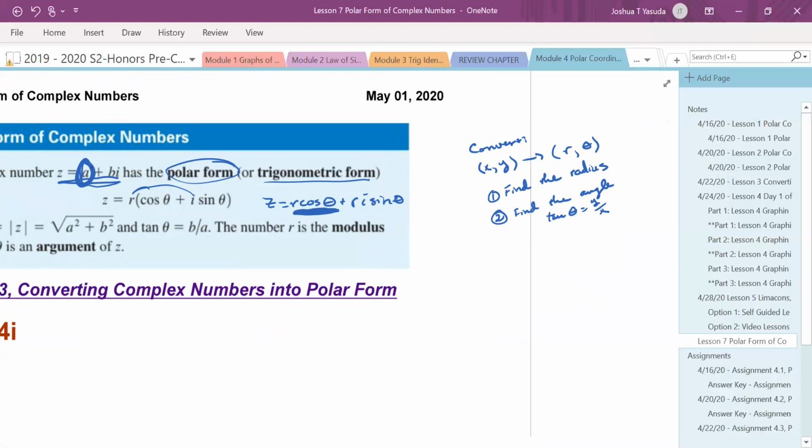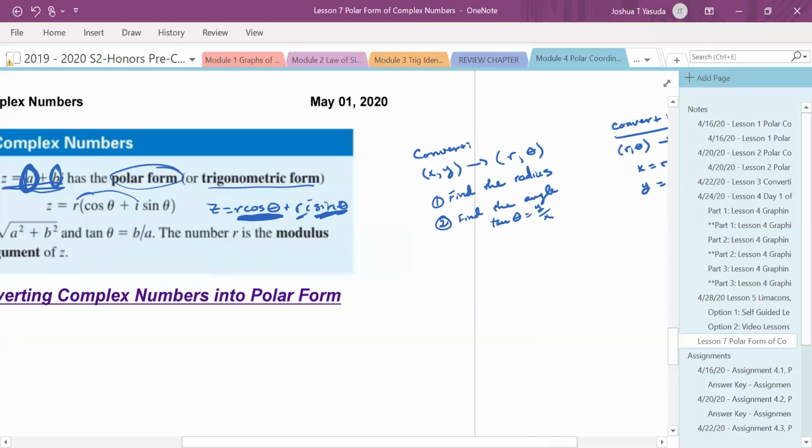So it makes sense that the polar form of a complex number is the first part is r cosine of theta. Then if you look at this, we have r sine of theta, essentially the i, we don't normally put it at the very back. But the r sine of theta right there is acting as the b, and the b was the vertical part on the complex plane.